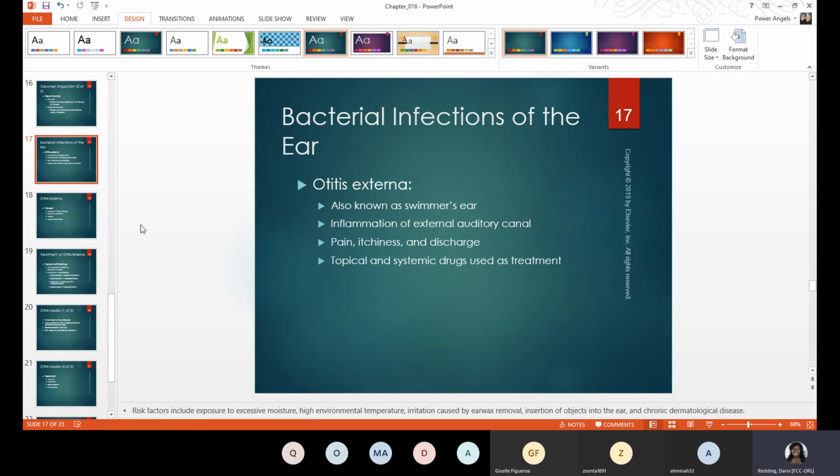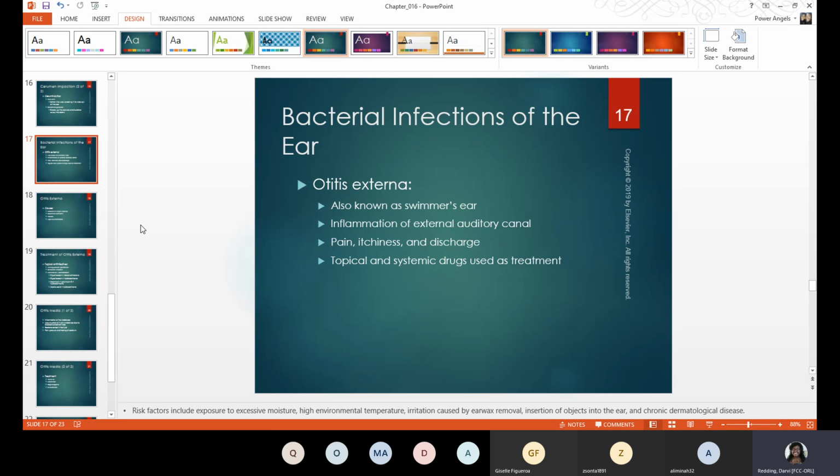The person experiencing swimmer's ear would have pain, itchiness, and discharge. For treatment to help clear up the bacterial infection, possibly a topical or a systemic drug might be used. Topical is where something would be applied to the ear, and a systemic drug is where somebody might take something by mouth.